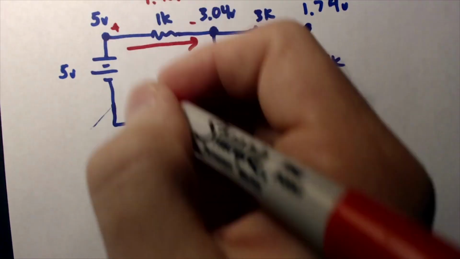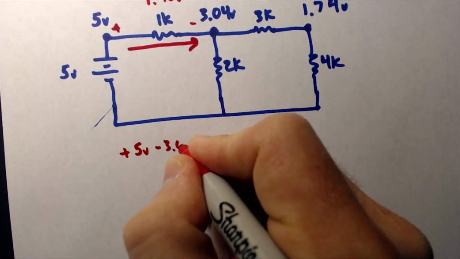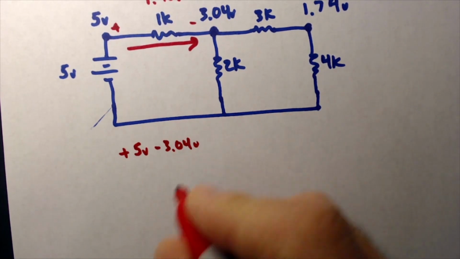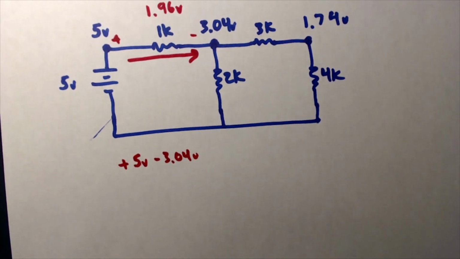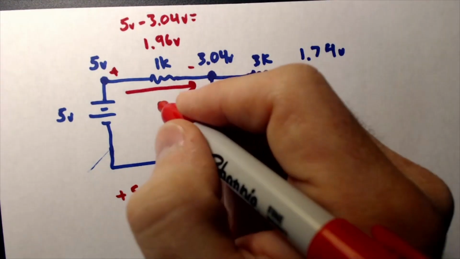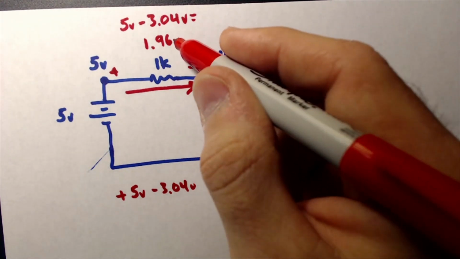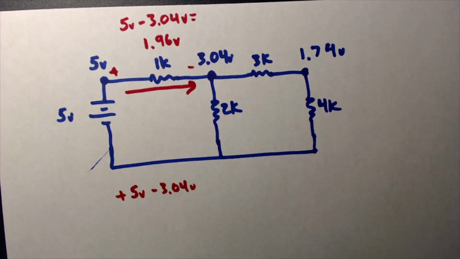So again, I could have just said plus 5 volts minus 3.04, and there's a foolproof way to never screw that up as far as what the voltage drop is across that. So now at this point, if you want to find what that current was, well, we just do 1.96 volts divided by 1K, just doing Ohm's law. And you'll end up with 1.96 milliamps.